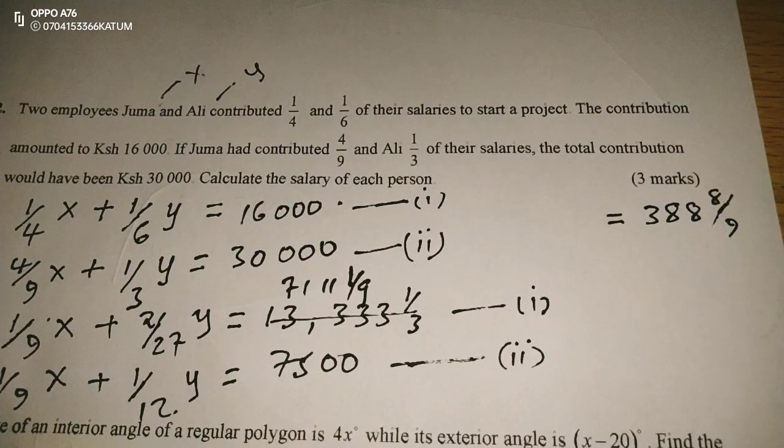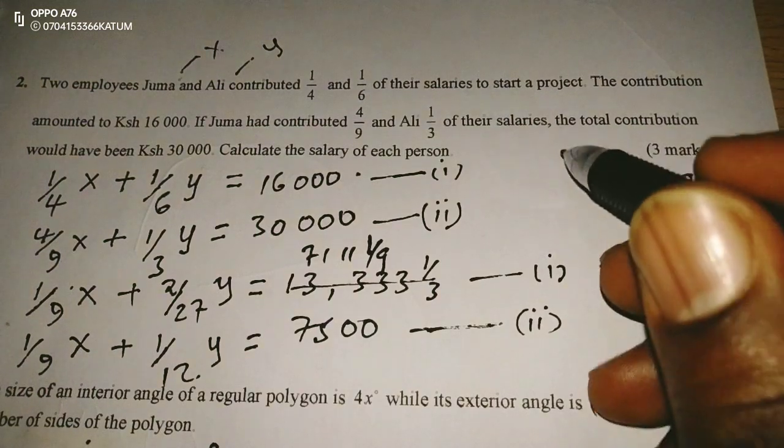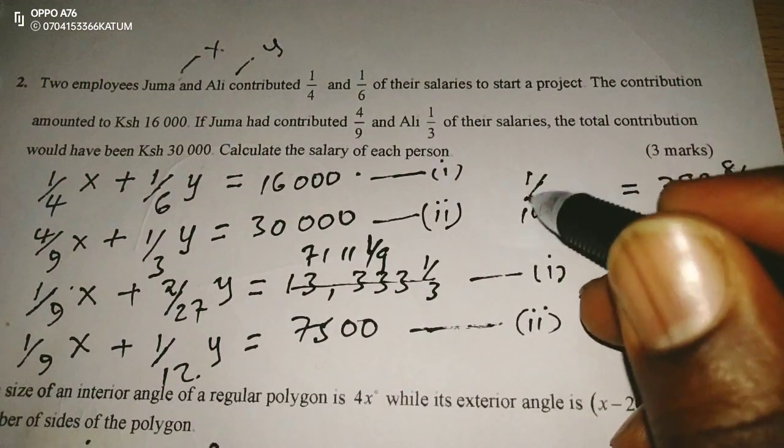On the other side, I'll need 1 out of 12 minus 2 out of 27. This gives us 1 out of 108 Y.